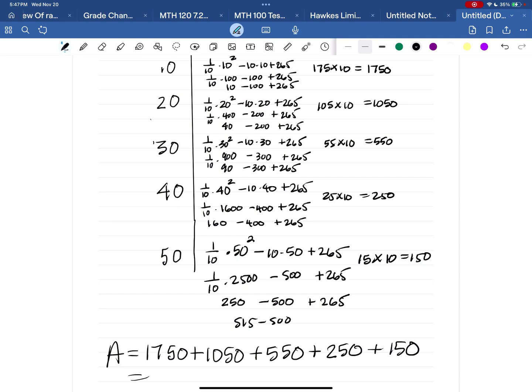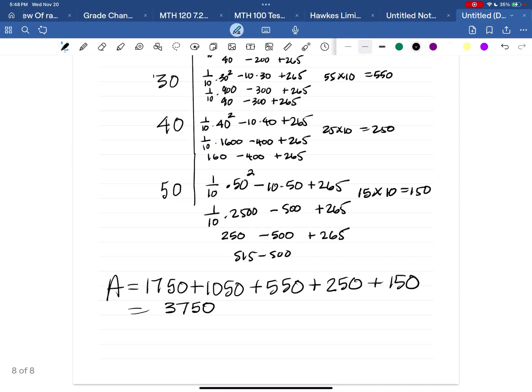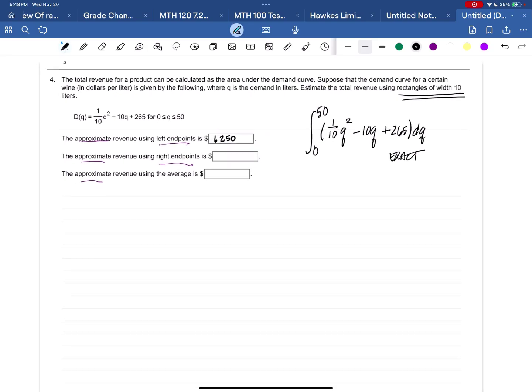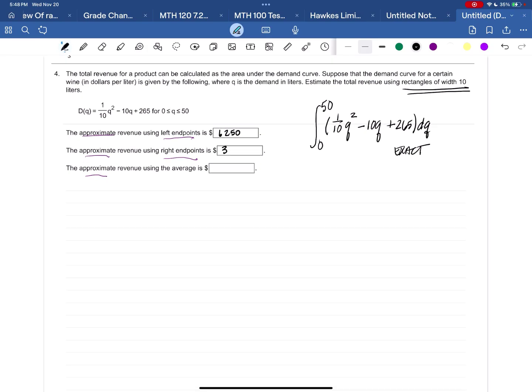So if I add all that together, I get 3750. Now remember, this is an underestimate. 3750. That's with the right endpoints.